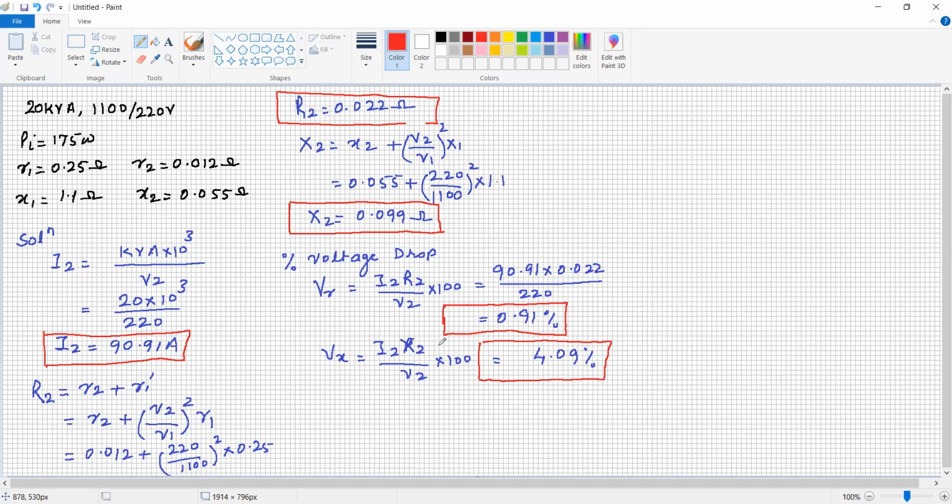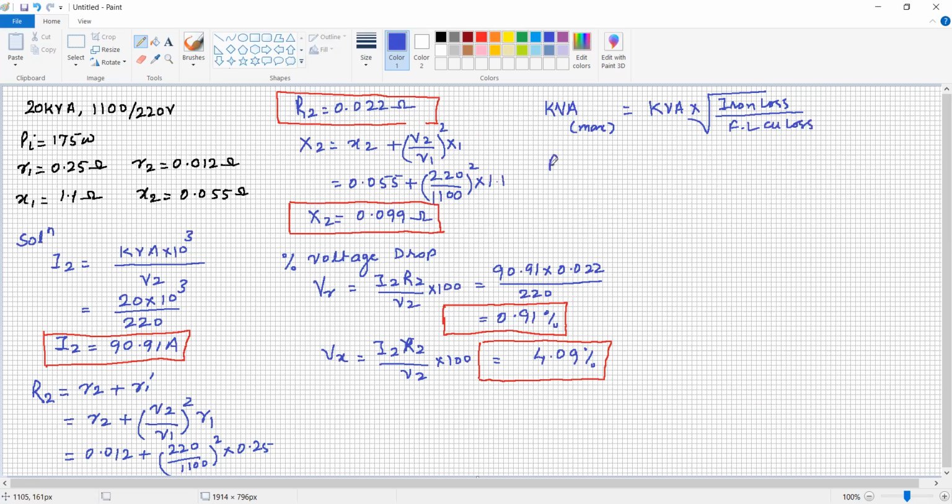Okay. Now we want to calculate the kVA rating at which the transformer exhibits maximum efficiency. So kVA for maximum efficiency is equal to full load kVA multiplied by under root iron loss divided by full load Cu loss. But full load Cu loss is not given.